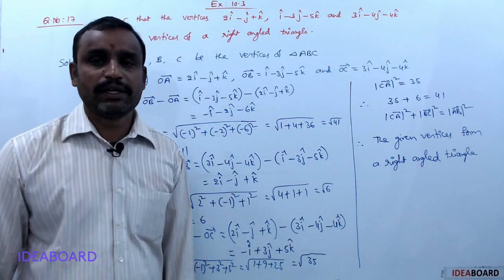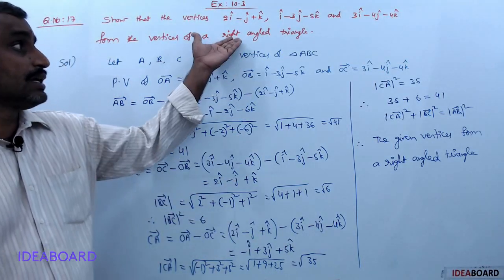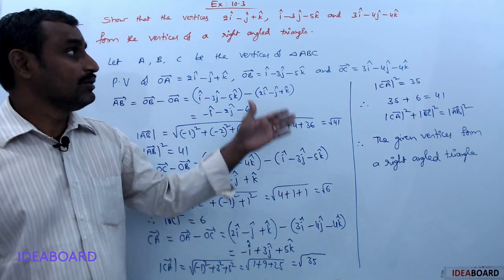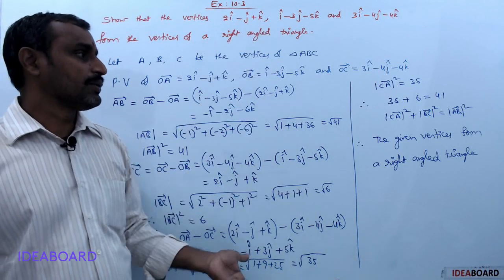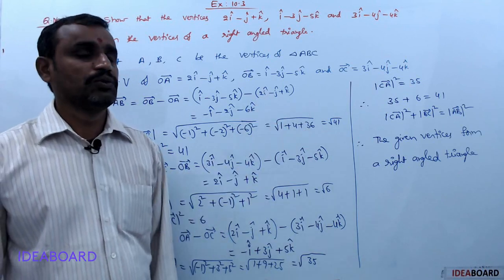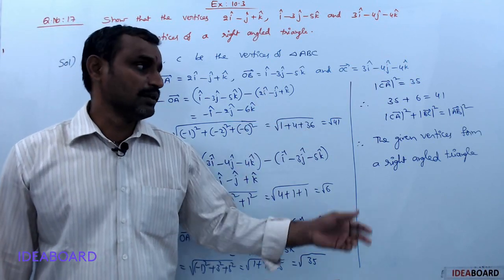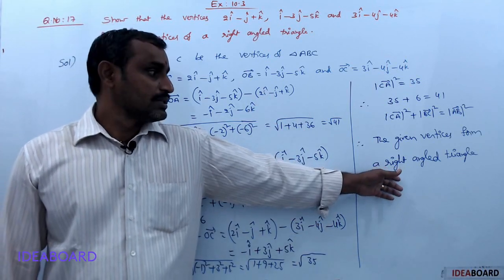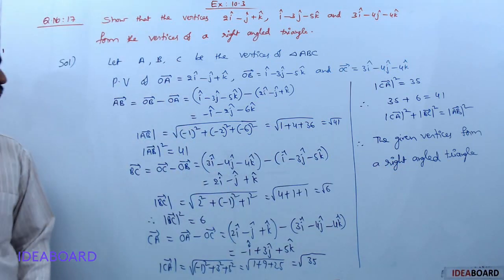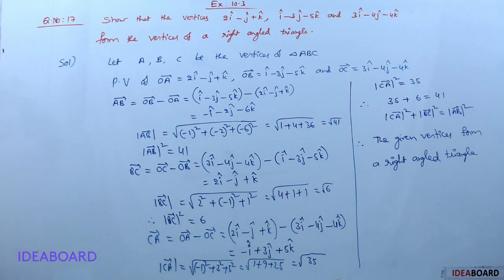So now this is the required result. Same question is there in the previous exercise also. So there also we can prove like this only. They have given it 2 times in this chapter. So do this question. Next question we will discuss.